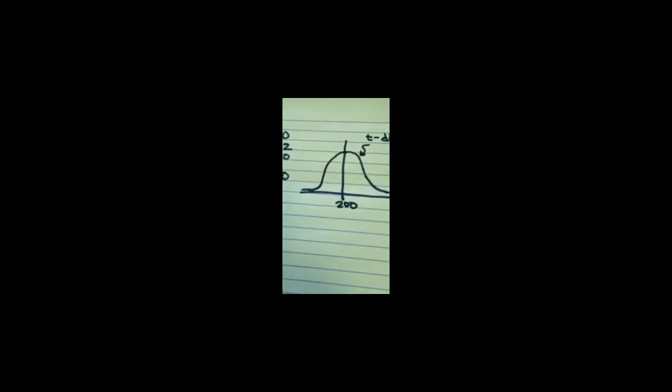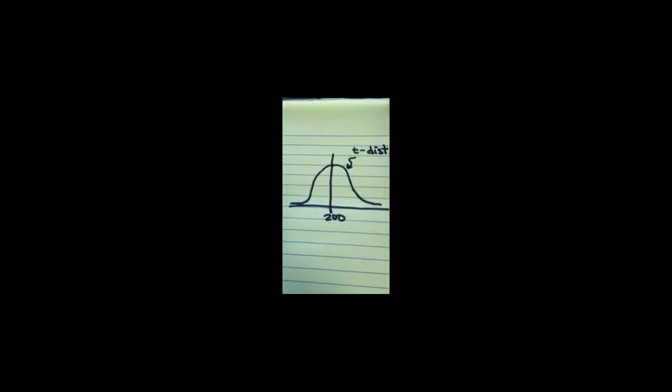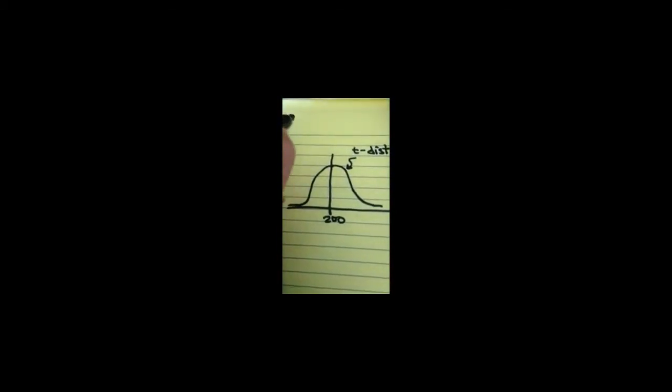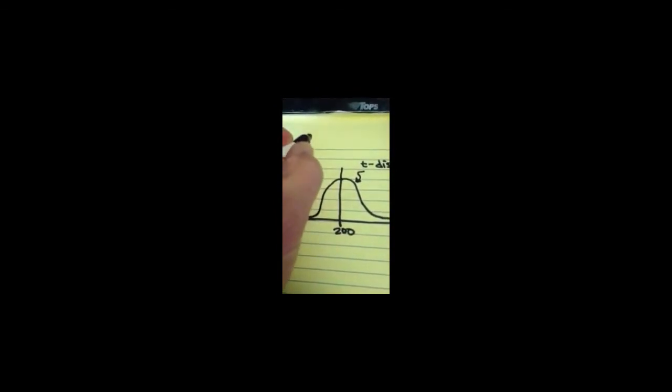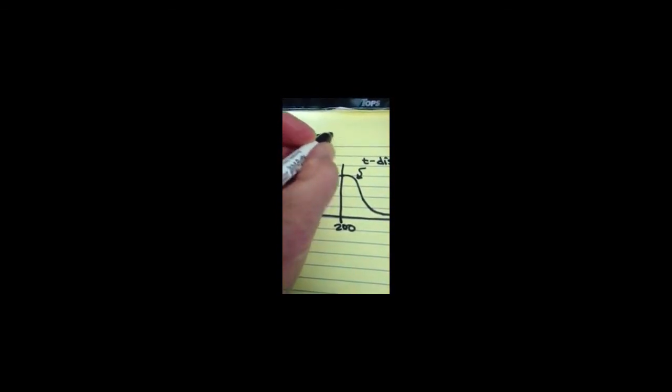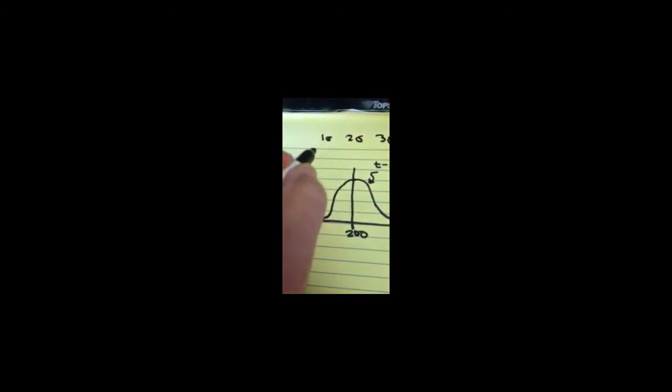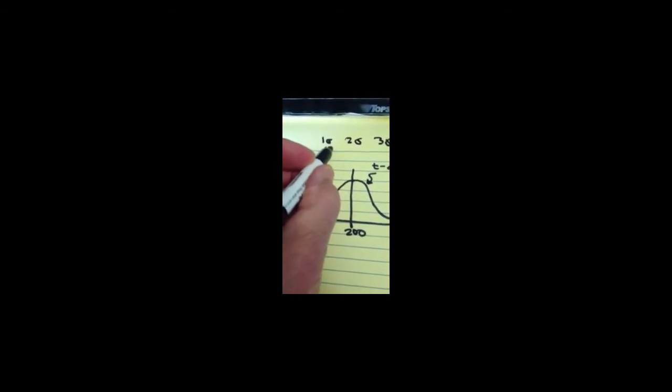That estimate of the sales is t-distributed and has 200 as its most likely value. And you'll remember one other thing from statistics, that plus or minus 1 sigma represents 68% of the distribution.